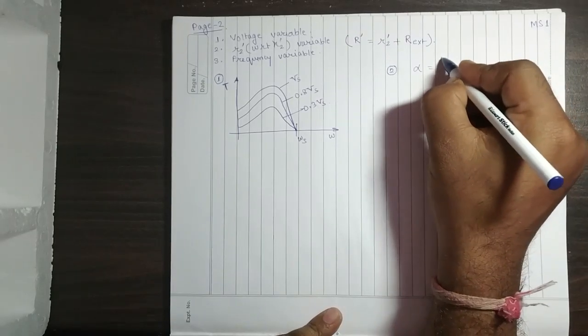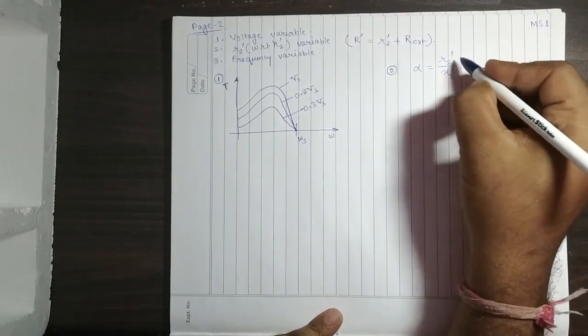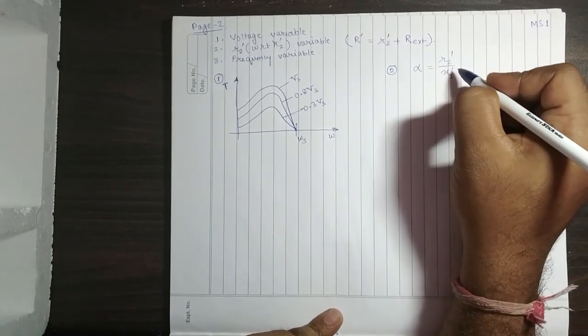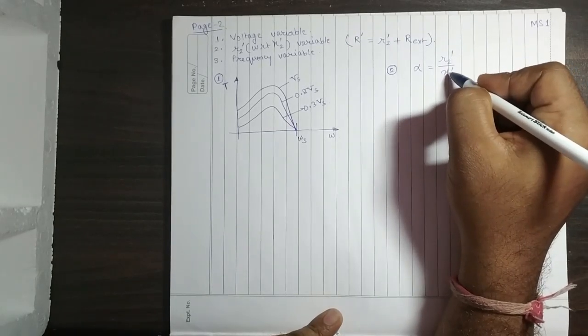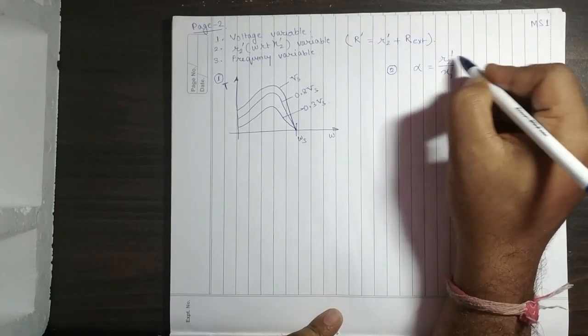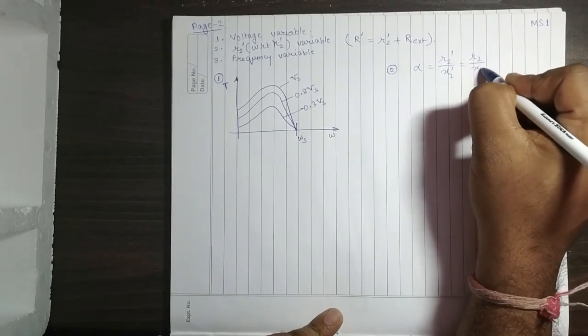There's some variable called alpha which I have defined as this one. Since both this rotor resistance and this rotor x2 dash are referred to the stator, you can easily do this one in this way.